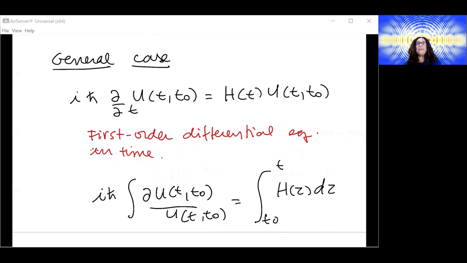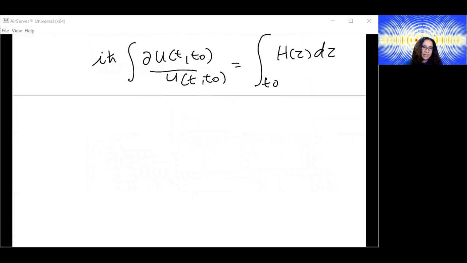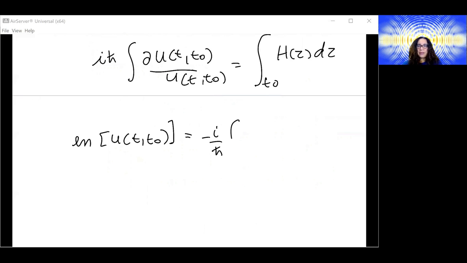We can do that. Okay, and this is going to give me the natural logarithm of U(t, t0) equals minus i over h bar, the integral from t0 to t of H(tau) d tau.